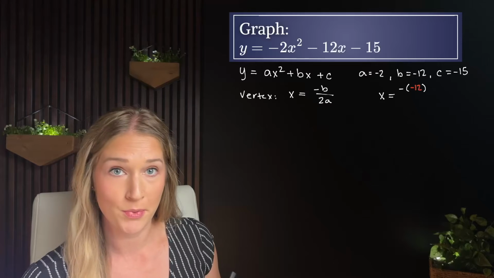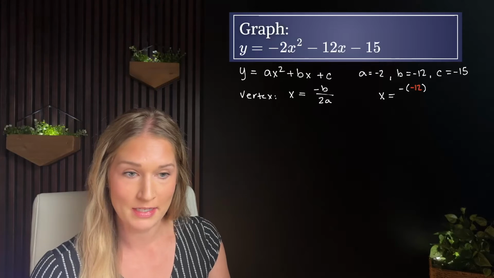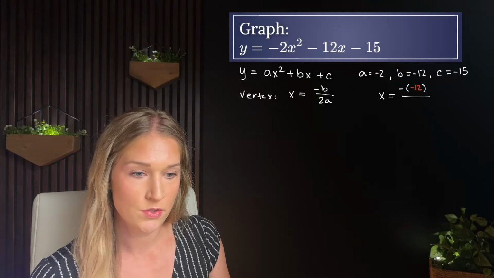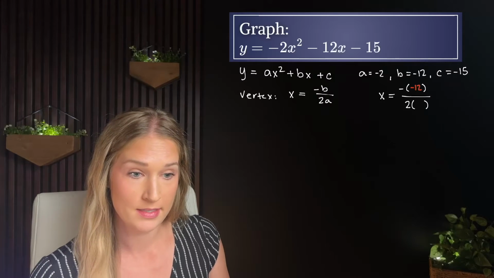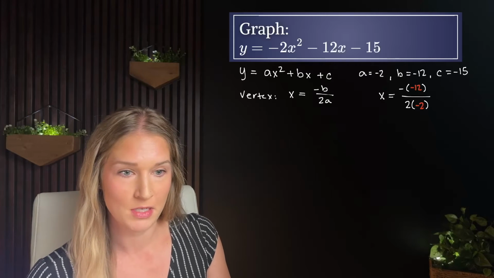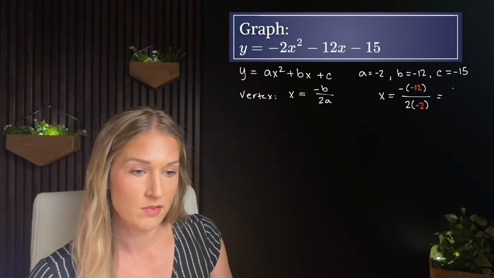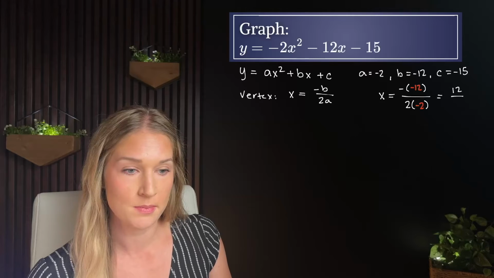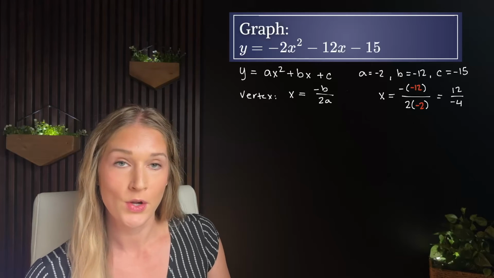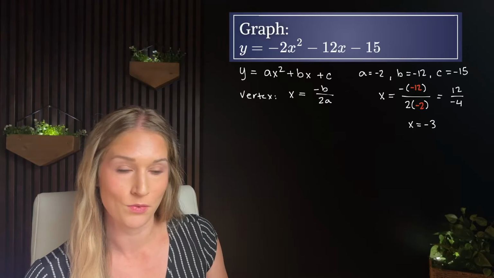Notice I have those double parentheses to make sure that I'm not dropping either negative, and I've got all of my pieces over 2 times, and then again, I'll put parentheses. Whenever I'm substituting in, I always like to put parentheses just to make sure I don't miss anything. And then from here, those two negatives give me +12, and 2 times -2 is -4, which means that my x value is -3.